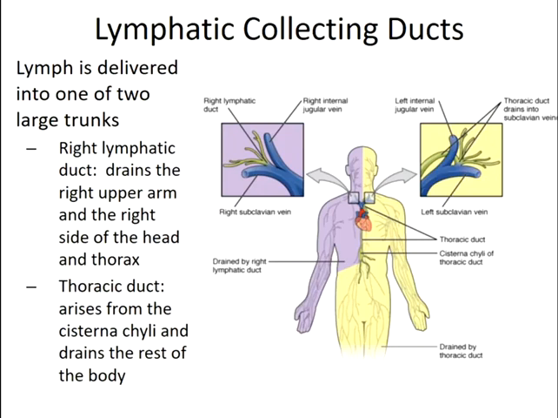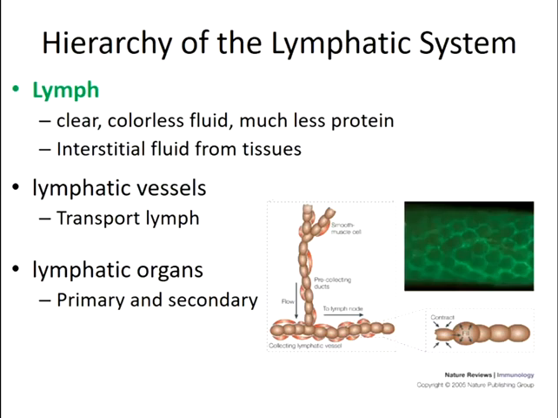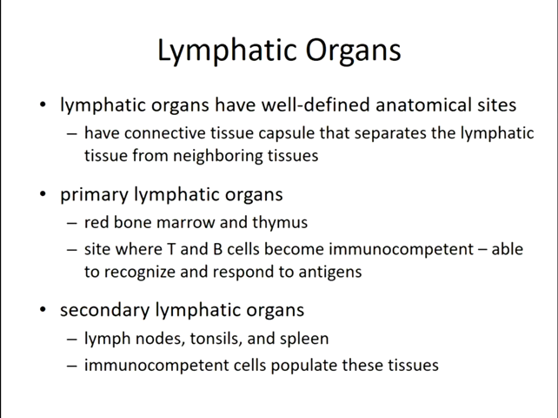Okay, so if I go back a few slides, here's your red bone marrow in the bone. So that's primary. And then the thymus, which you can see sits right over the heart, is also considered a primary lymphatic organ. Okay, and again, the bone marrow is where T and B cells develop.